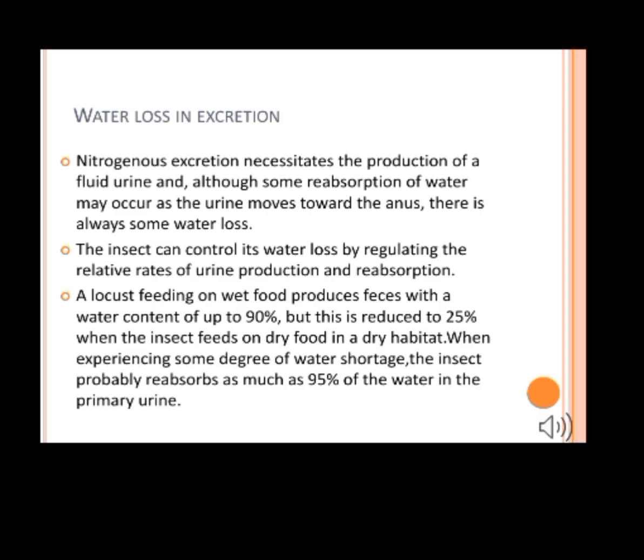Taking the example of a locust, which feeds on wet food, it produces excreta with 90% water content, and this can be reduced to 25% when it feeds on dry food. When water shortage occurs, insects probably reabsorb as much as 95% of the water from their primary urine.